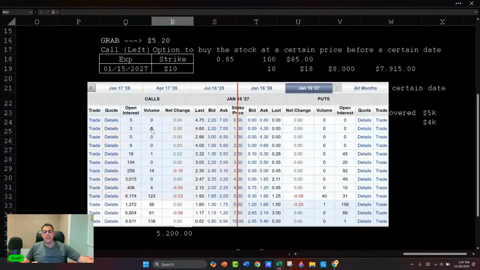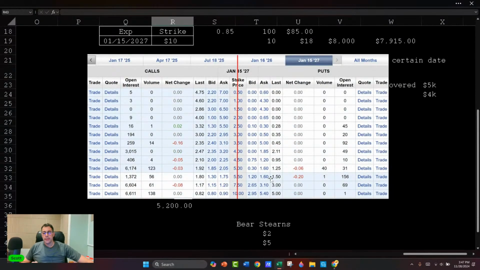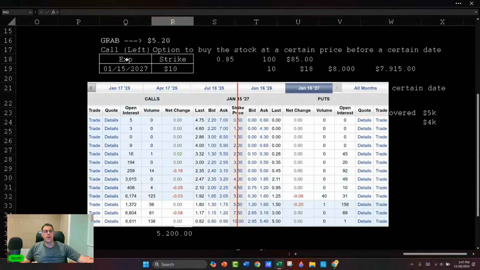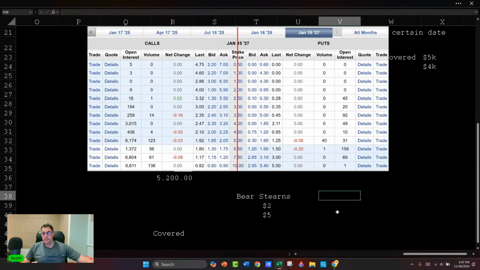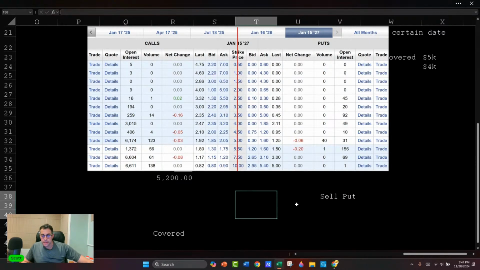If you sell a put option, you may be forced to buy the stock at a certain price. So for Grab, Grab is trading at 520, and if you sell puts, say at $10, well, say $10 strike price.